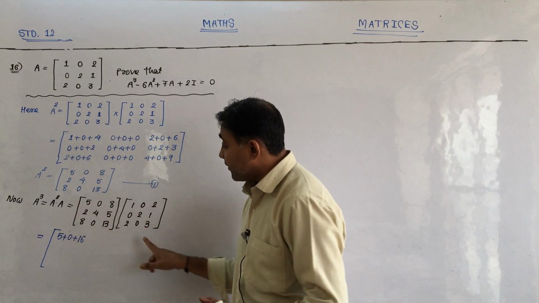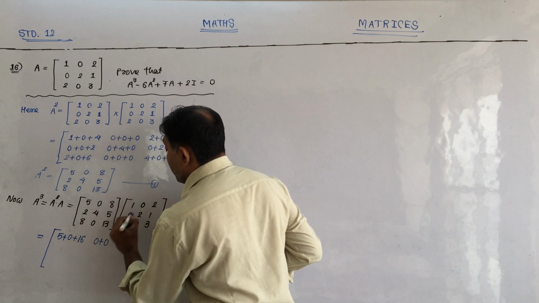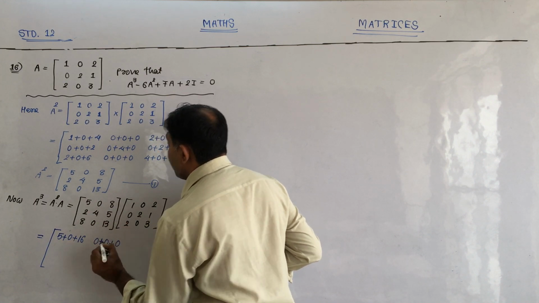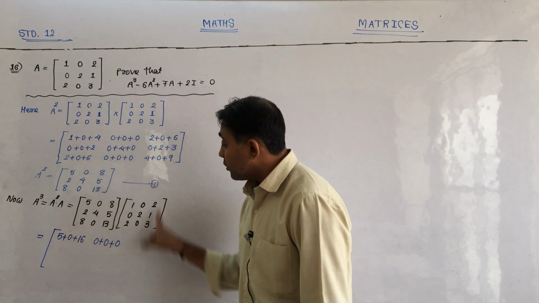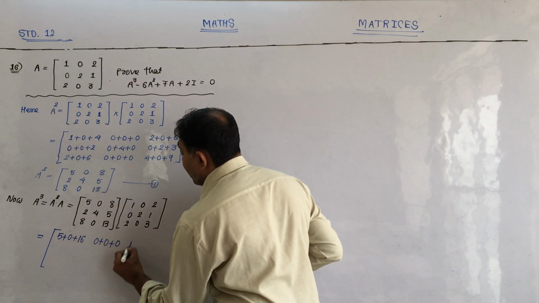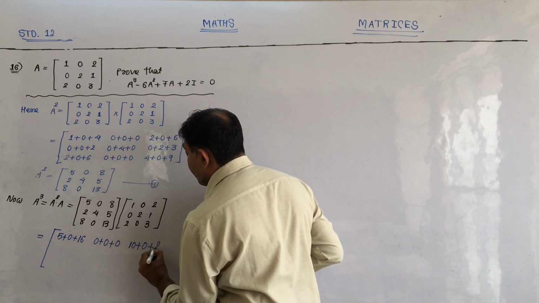Now first row, second column, 5 into 0 is 0 plus 0 into 2 is 0 plus 8 into 0 is 0. Now first row, third column, 5 2s are 10 plus 0 1s are 0 and plus 8 3s are 24.